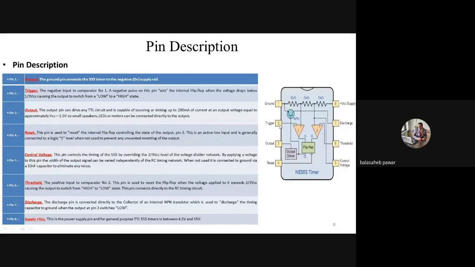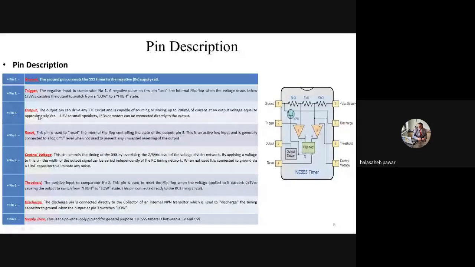When that voltage drops below 1/3 of VCC, the flip-flop will cause the output to switch from low to high state.